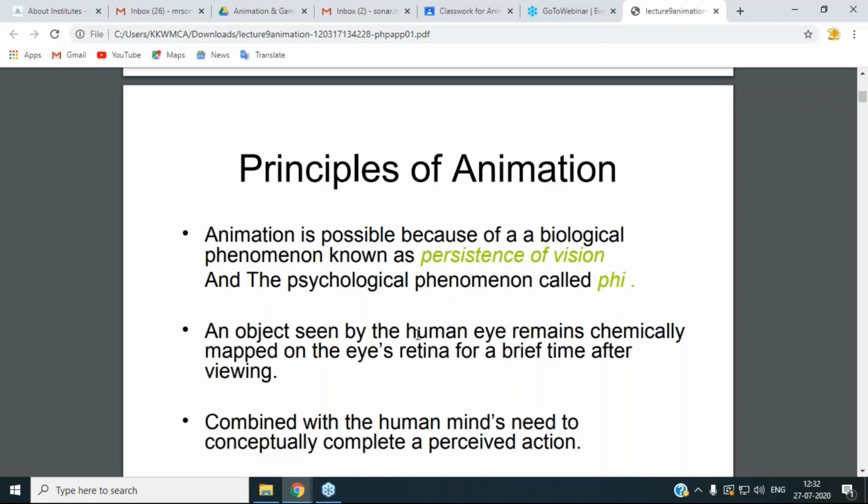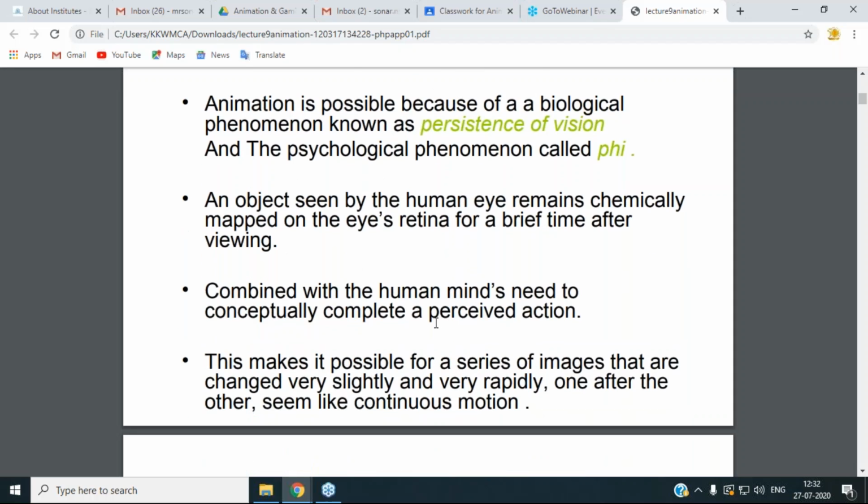An object seen by the human eye remains chemically mapped onto the eye retina for a brief time after the viewing, combined with the human mind's need to conceptually complete a perceived action. Last time we have discussed it, so I'm just repeating it again. This makes it possible for a series of images that are changed very slightly and very rapidly, one after the other, to seem like a continuous motion. So that is nothing but the persistence of vision.